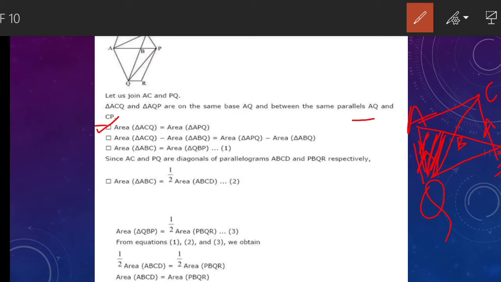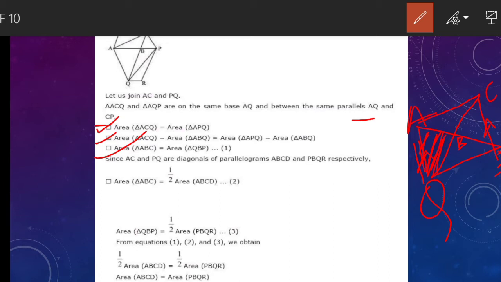So we will get area ACQ minus area ABQ is equal to area APQ minus area ABQ. So whatever we are left with, ACB and BPQ. So we have area ACB and area QBP. So this is our first equation.